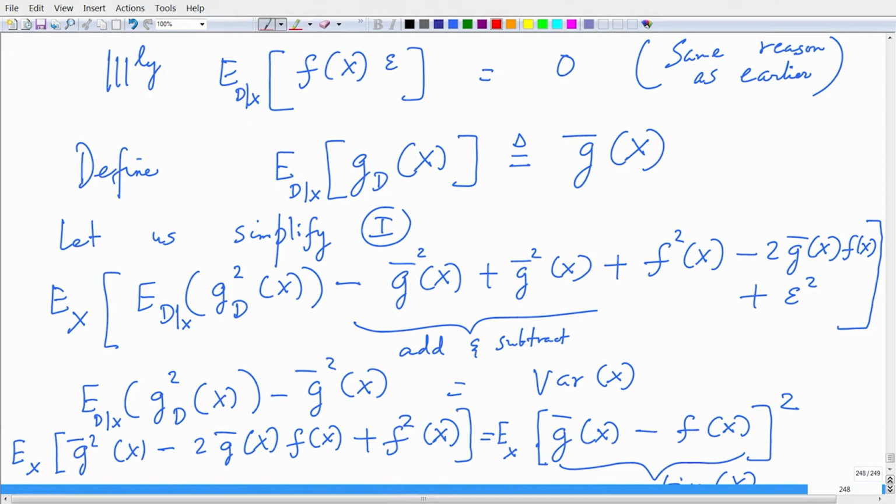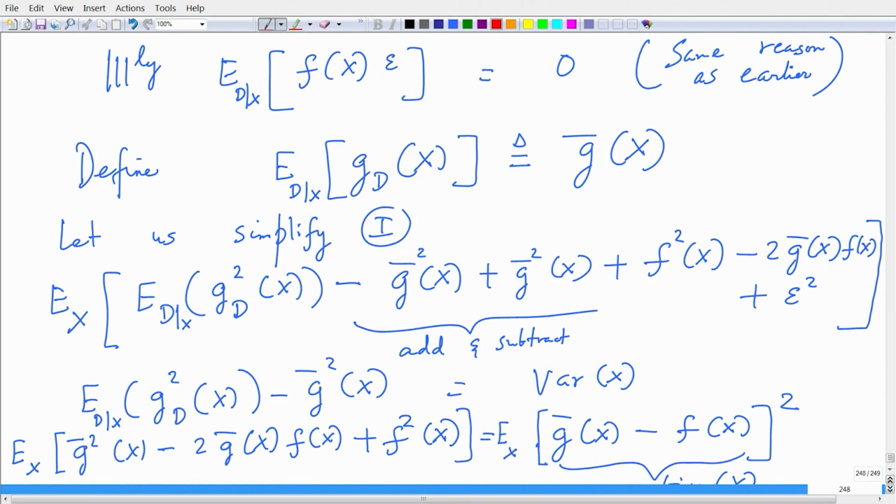Now what we do is we define this average of g_D of x, that means I am doing a curve fit for this data set D, and I take this average curve averaged over all the data sets conditioned to this x, and that gives me this g bar as a function of x. So let us simplify this slightly. So now I have all these terms.